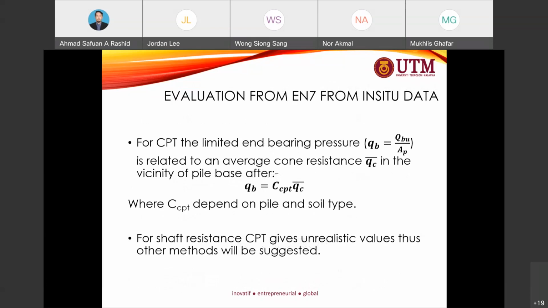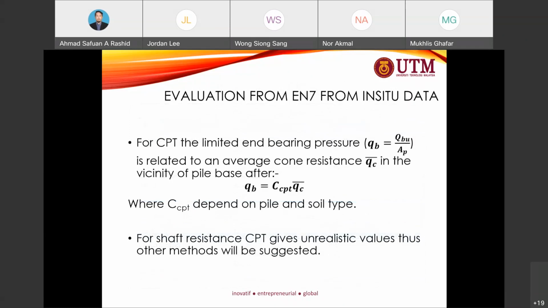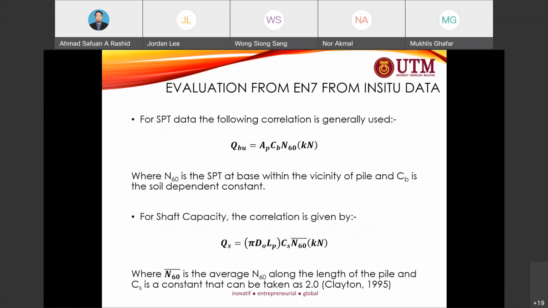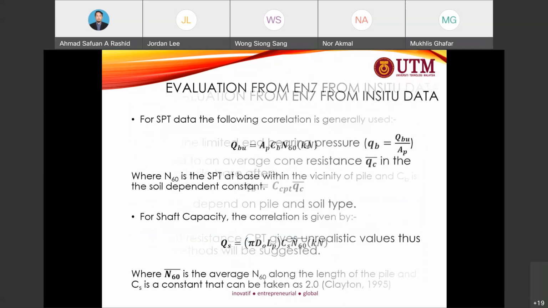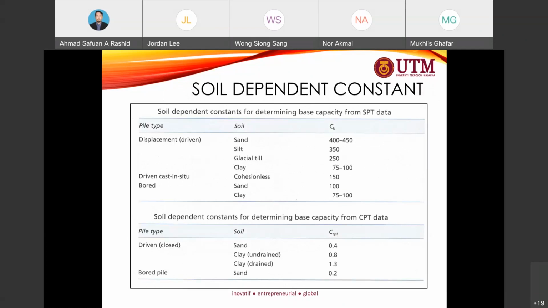So for the CPT, this is the formula for the CPT. And this is the value that we can use in this equation. For example, the CB is the soil dependent constant. From here we can get the CB from the displacement value. Same goes with the CCPT.